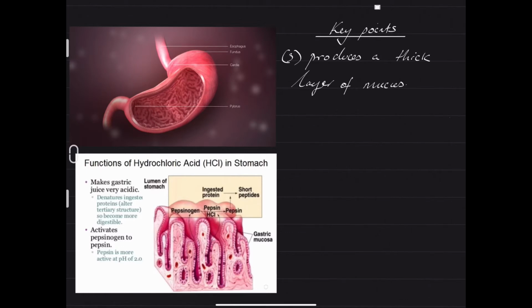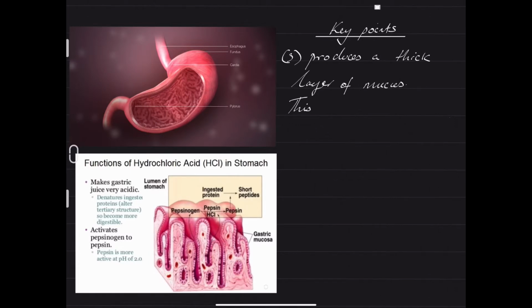But you do need to appreciate that mucus is secreted by the lining of the stomach, okay, and this coats the stomach walls and protects it from being digested by the acid and the enzyme. So the stomach produces a thick layer of mucus, okay.